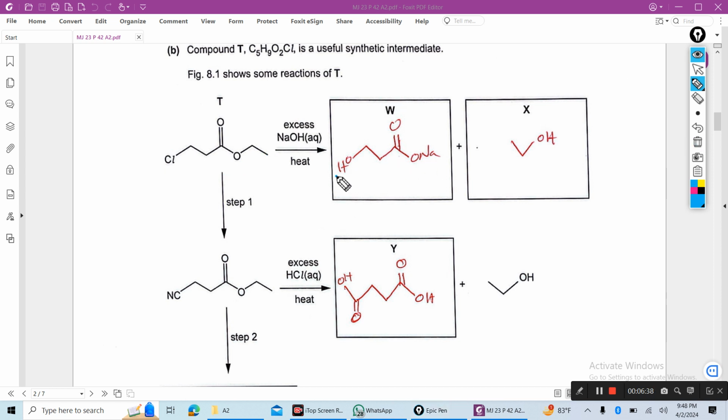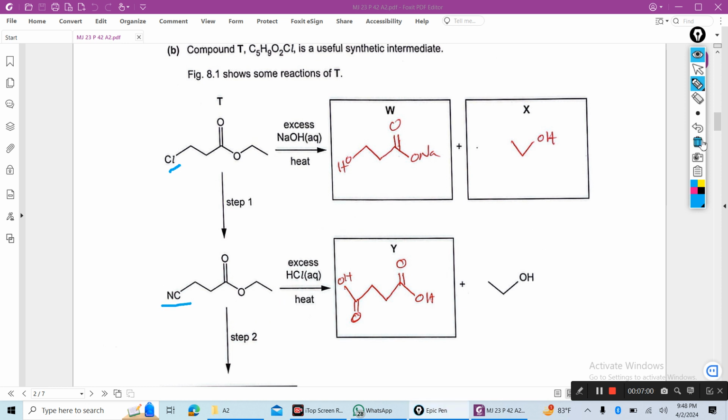So the hydroxy sodium salt of the carboxylic acid plus ethanol is produced. Then step 1, you see chlorine goes to cyanide, a nitrile compound.